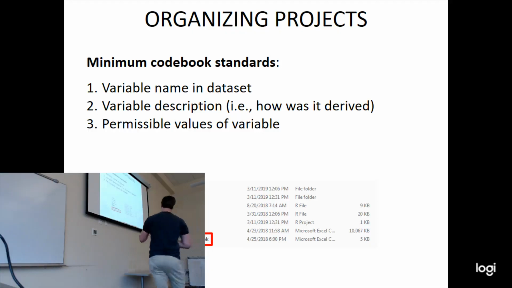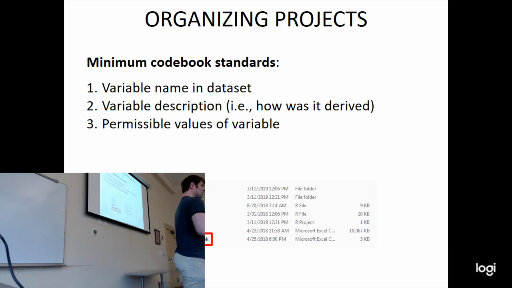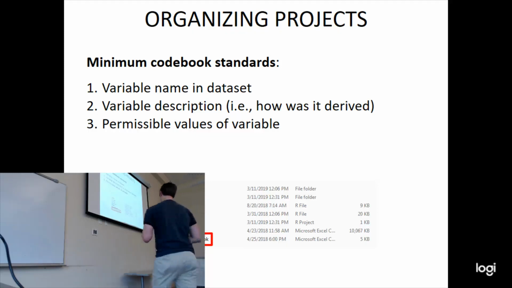It ought to have the variable names as they appear in whatever data set you're documenting, so whatever is at the top of your columns. A description of each of those things. If it's a derived variable, like I calculated it, I'll give a description of what that derivation looks like.